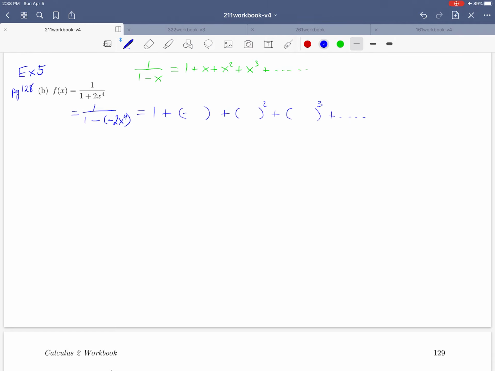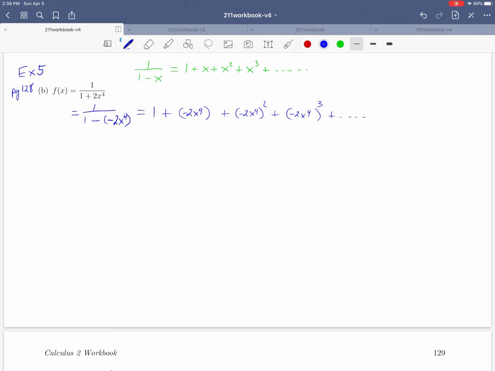And that something is minus 2x to the fourth. So we have 1 plus minus 2x to the fourth plus minus 2x to the fourth quantity squared, plus minus 2x to the fourth quantity cubed, and so on.